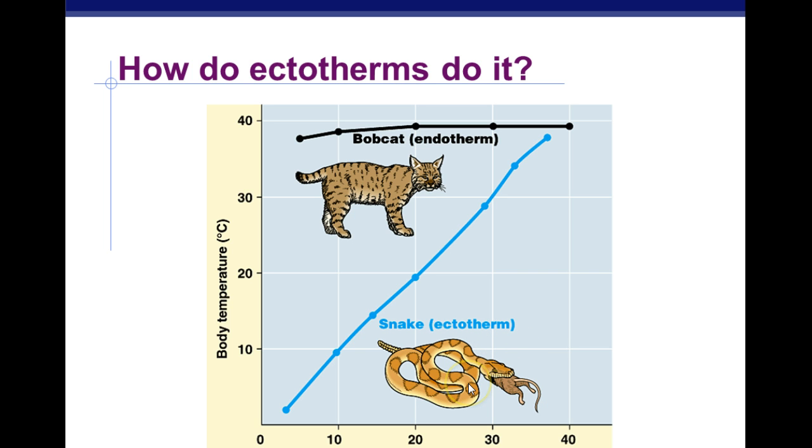So, for example, desert reptiles can experience body temperature fluctuations of 40 degrees. That's a 100 degree Fahrenheit span. So there can be 40 degrees difference between, for example, sunrise and sunset.